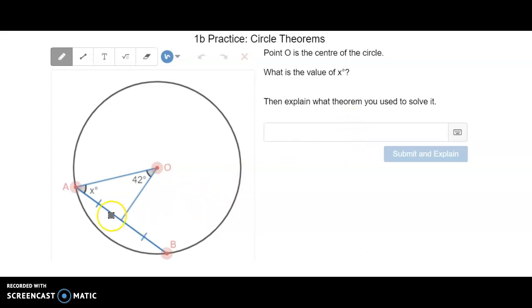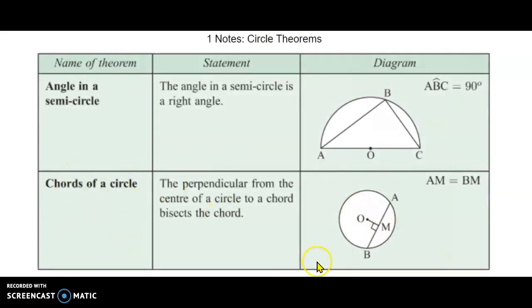Again, as you can see, this is a chord. They say that from this to this length here, let's call this point C, A to C and B to C are equal in length. That's why we have the strips here. Remember that theorem, chords of a circle.